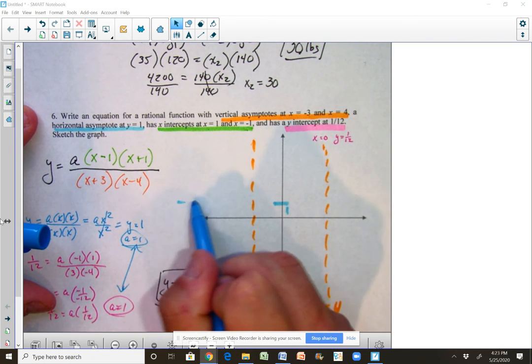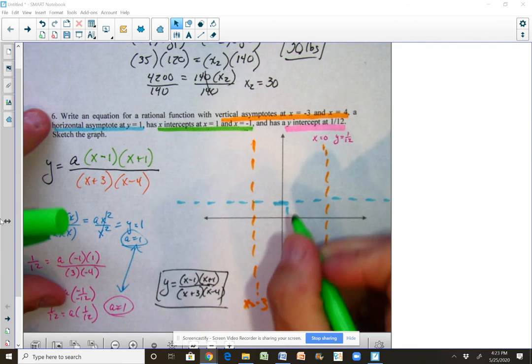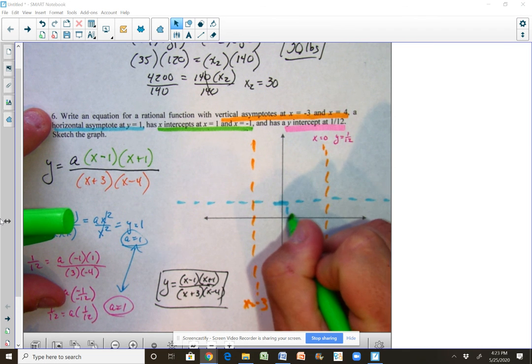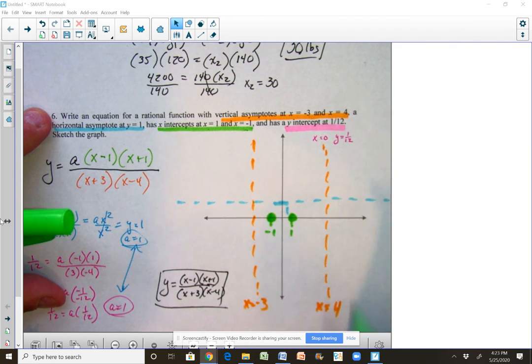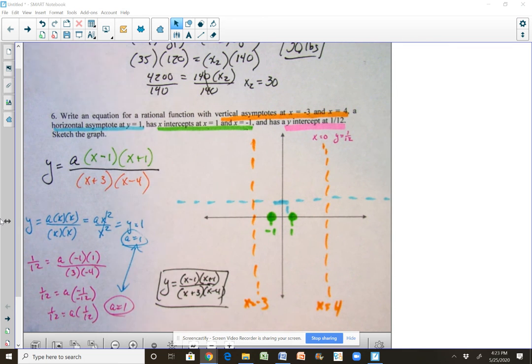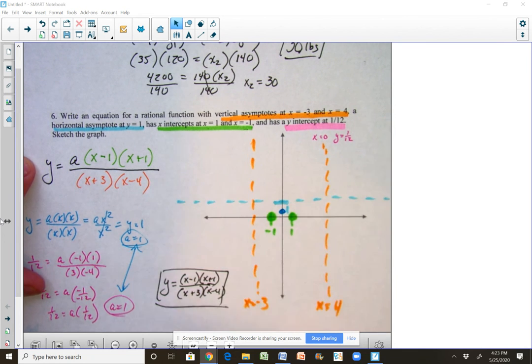So if I do a dotted line across there, I'm setting up the boundaries at that point. I know that at +1, there's going to be an x-intercept, and at -1, there's going to be an x-intercept. So I got that there. And I know that my y-intercept, I'm going to put it down here, it's 1/12, so it's below 1.